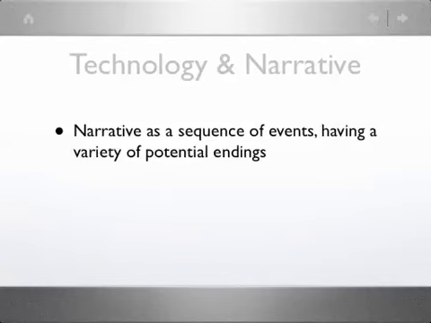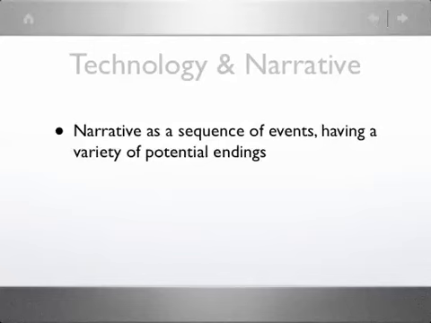Nye also talks about how in a narrative, if we're hearing a story or watching a story in visual form, we don't know how it's going to end until we see the ending. There's a variety of potential endings that could take place. It's the same way when certain forms of technology are used.